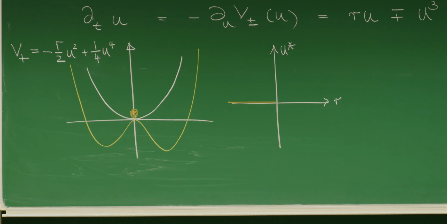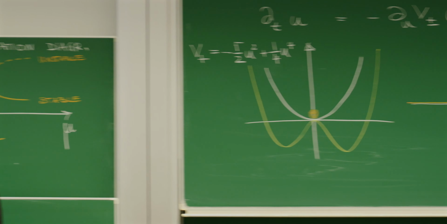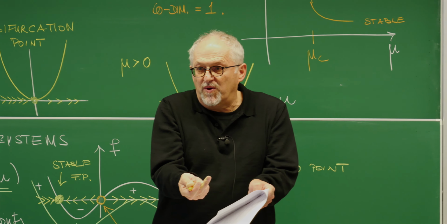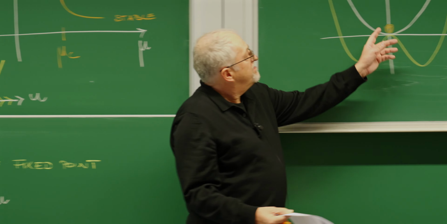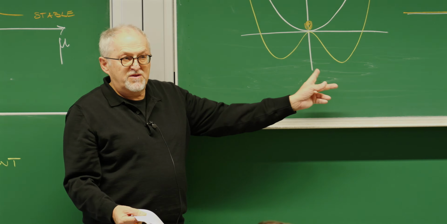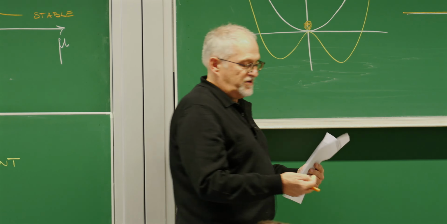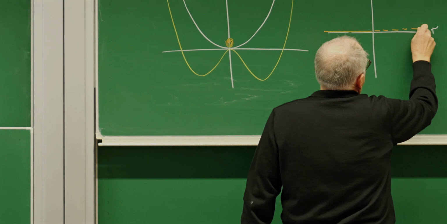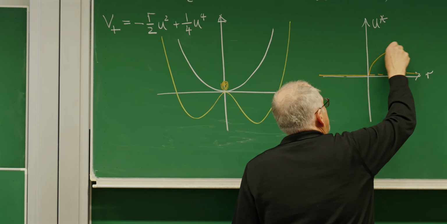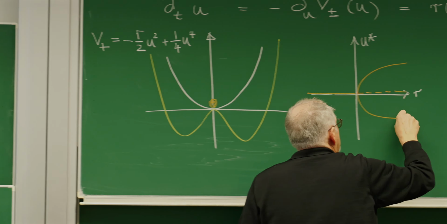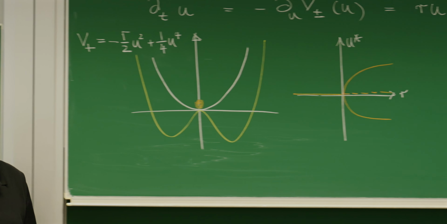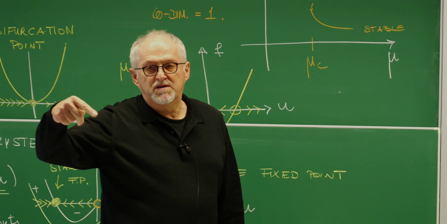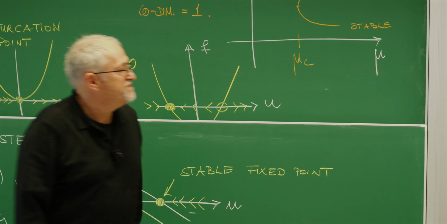And now as you go through that bifurcation, well, what happens? You get 3 zeros, you get 3 fixed points. One of them is unstable, and the other 2 are stable. Okay? So that stable fixed point here turns into an unstable fixed point, and at the same time you have the emergence of 2 stable fixed points along the way. This we call a supercritical bifurcation.